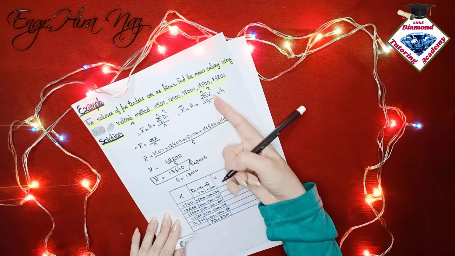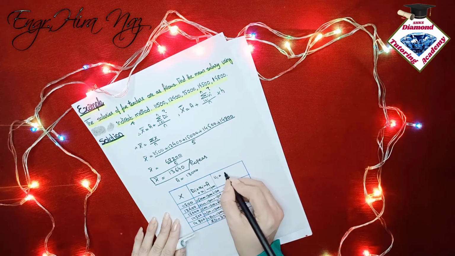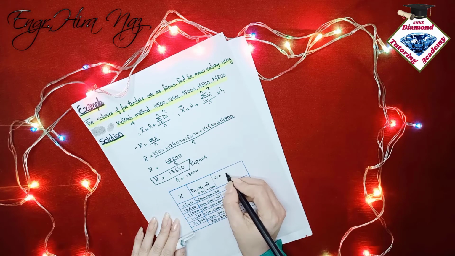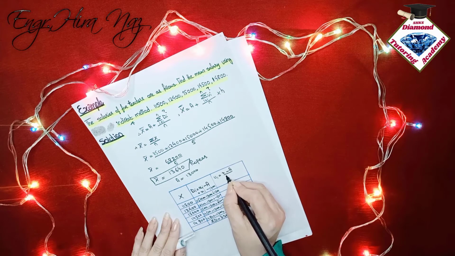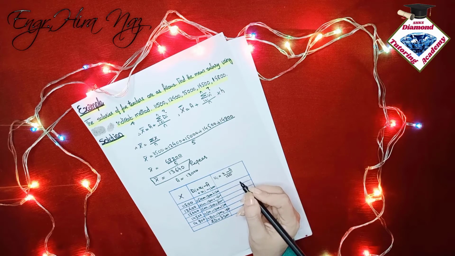We can create next column for u, which is equals to variable minus assumed value divided by h, that is class size. So here class size is 100. So you can put here 100.